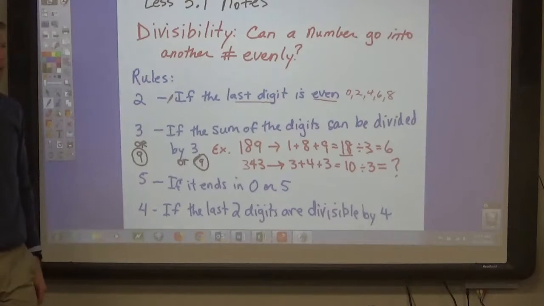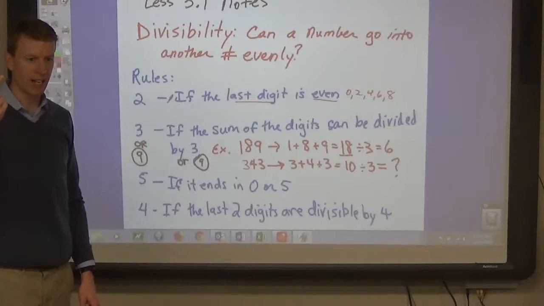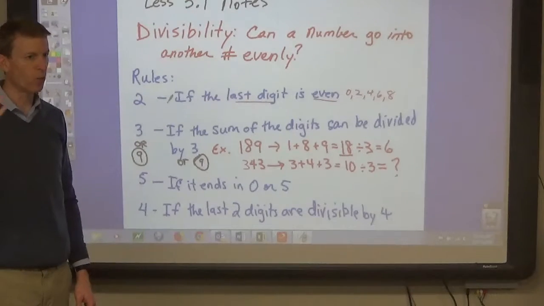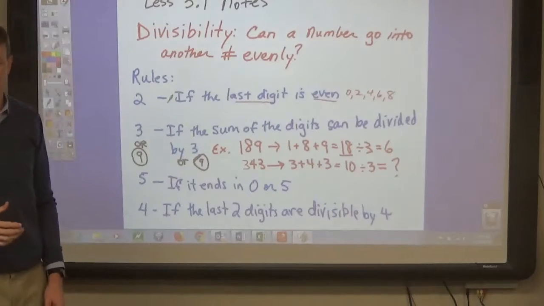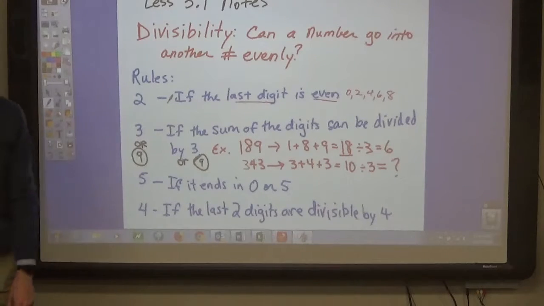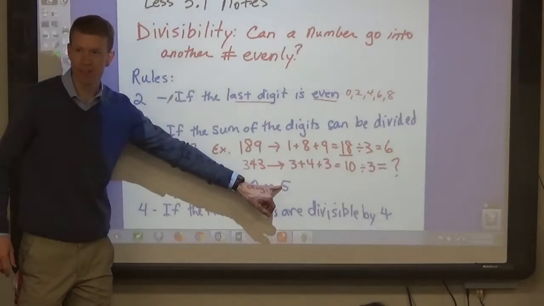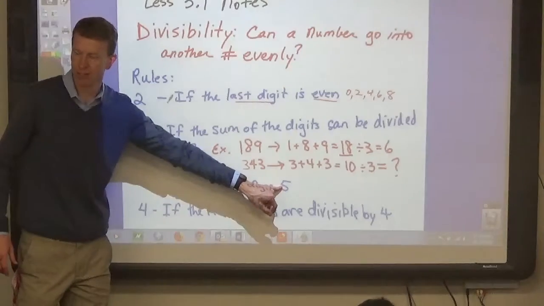Think about it. If you count by 5s, you start with 5, 10, 15, 20, 25, 30, 35, 40, and so on. So if the number ends in a 0 or a 5, then it's divisible by 5.